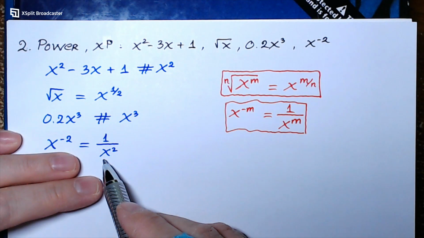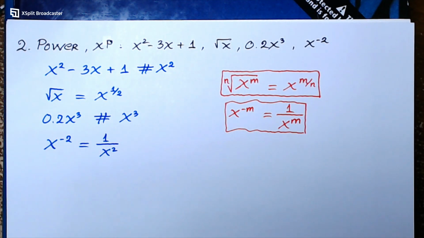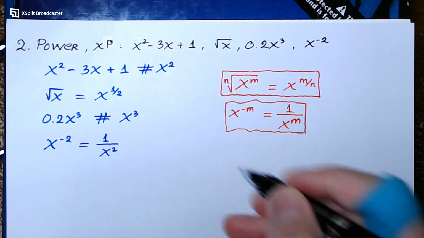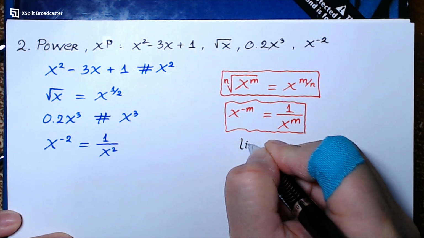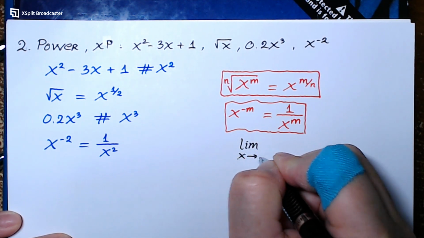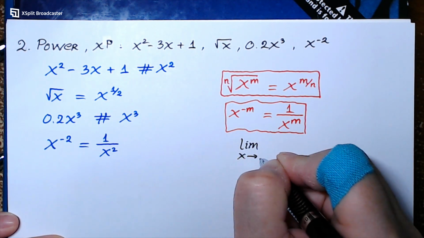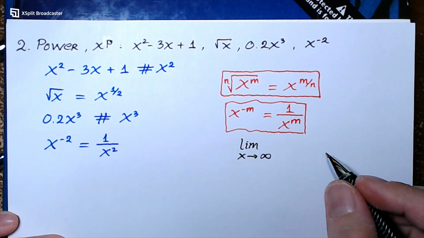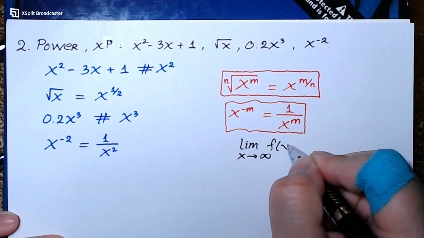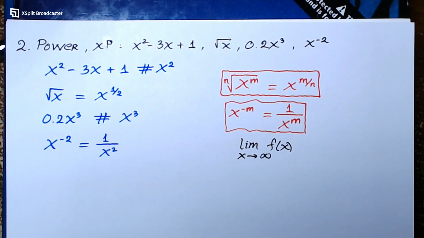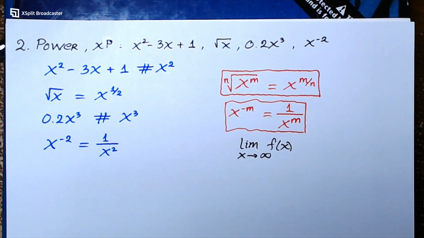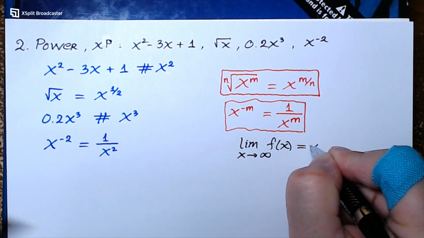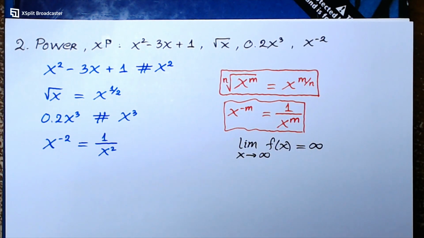Okay, 1 over x squared. Now the growth rate is defined to be the limit as x goes to infinity of a function. Always the growth rate is when it goes to infinity. But how fast it is is the growth rate.